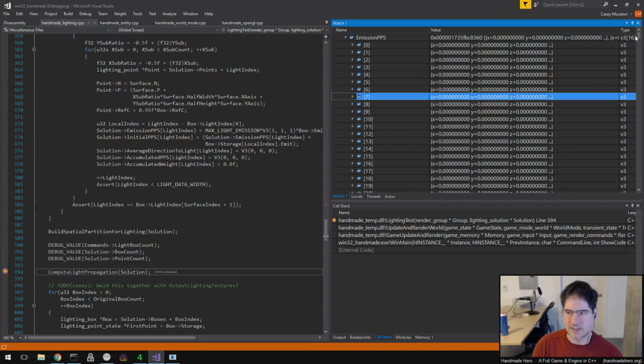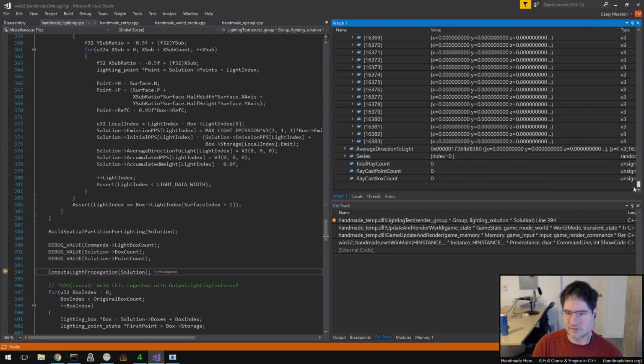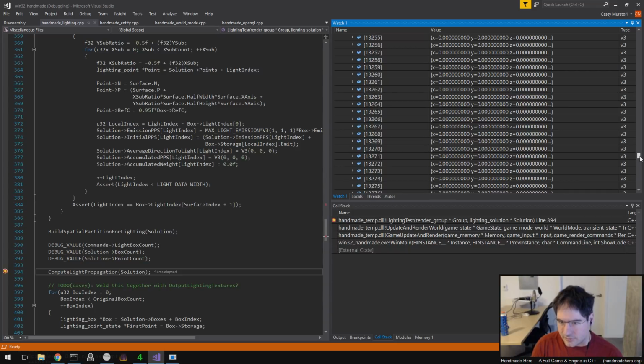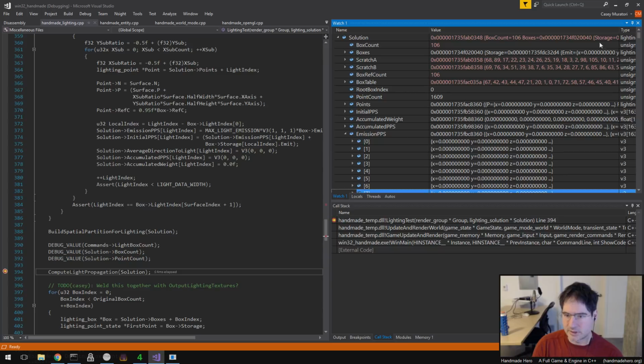I imagine that if we look at emission, there should just be some little place where the emission is set to something. Of course, it's hard to find here. Should probably be setting this to the smaller number so we can have a better chance of actually finding the emitters.